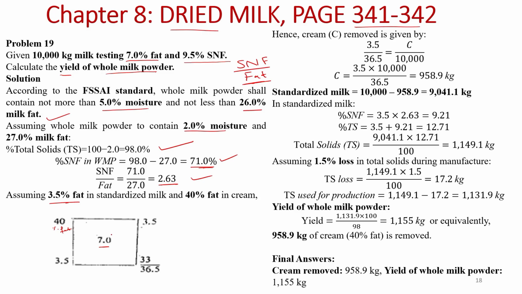We have 7% fat milk, and by Pearson square, this is coming as 3.5 and this is coming as 33. So 3.5 divided by 36.5 into 10,000.